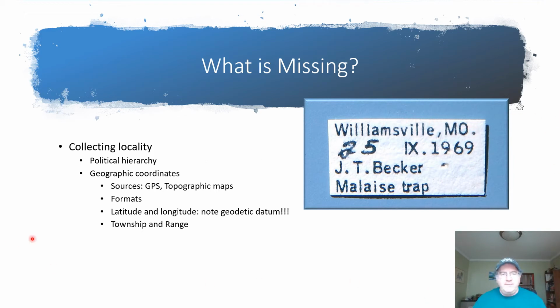On the other hand, if your question deals with microhabitats, is this species associated with this particular plant or something like that, then this is obviously not going to be accurate enough for your purposes.